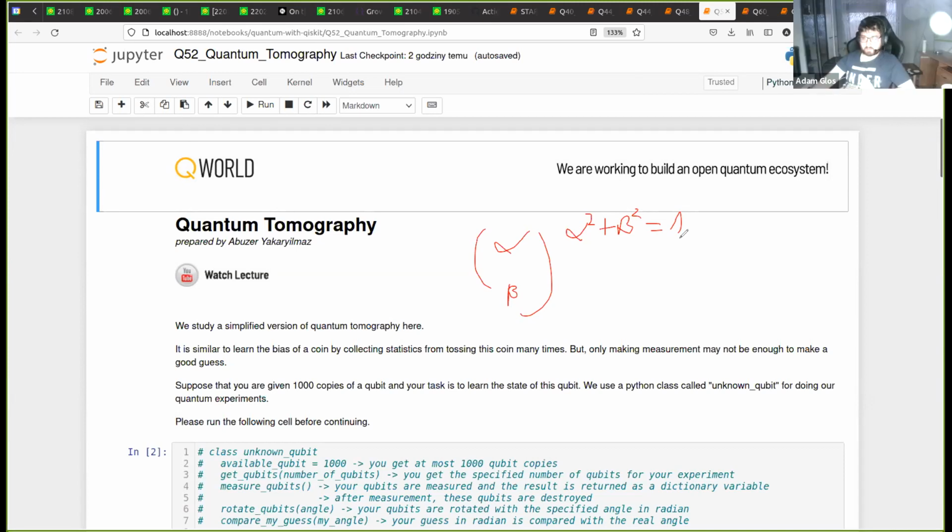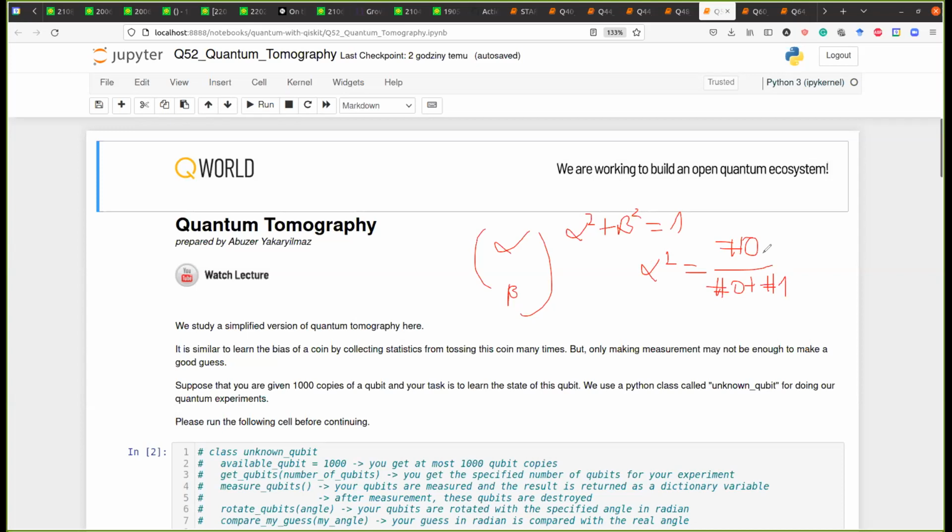So yes, if I understood you correctly, you can use exactly the same method. So alpha squared is the number of zeros over the number of all samples, because these are probabilities, right? They are not amplitudes anymore. By the way, by #0 I mean the number of zeros.